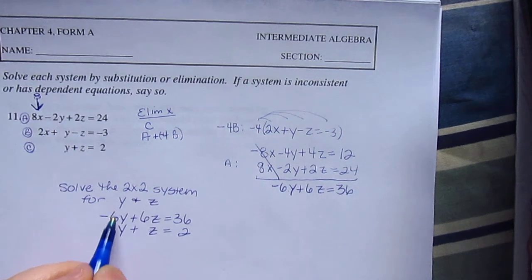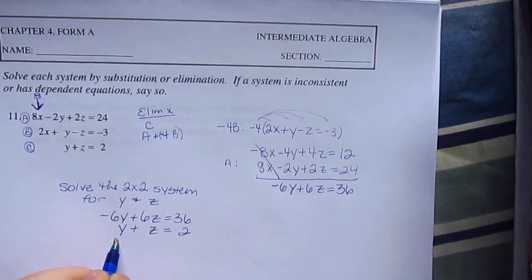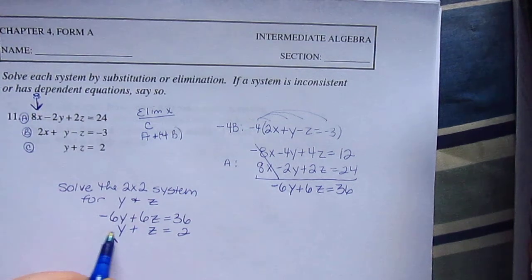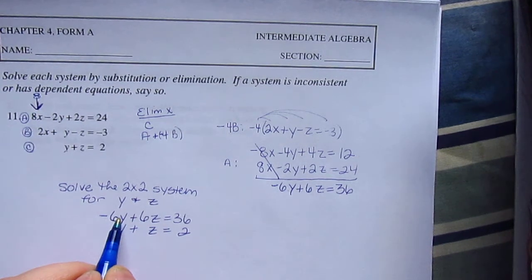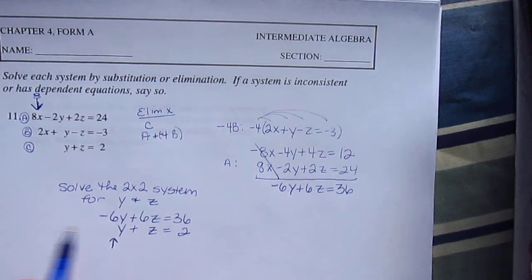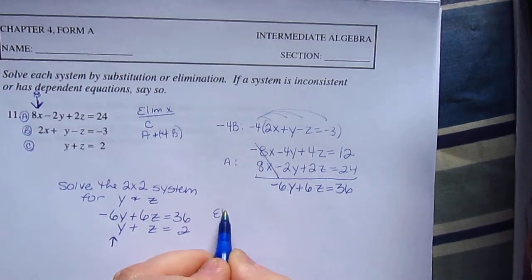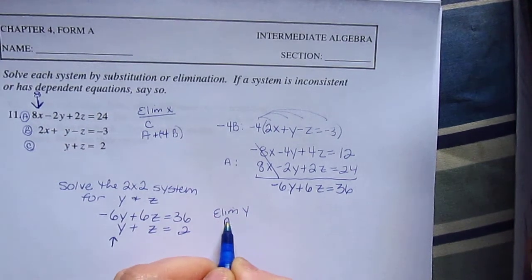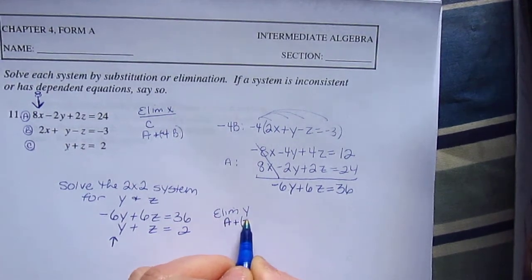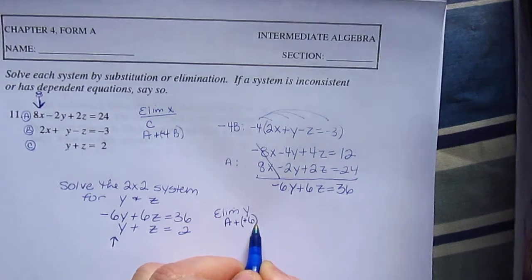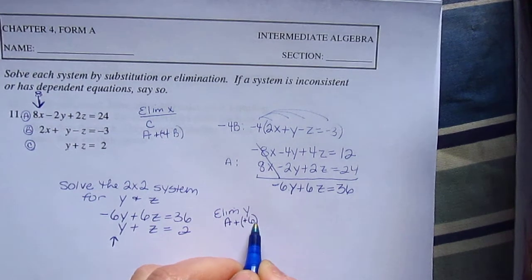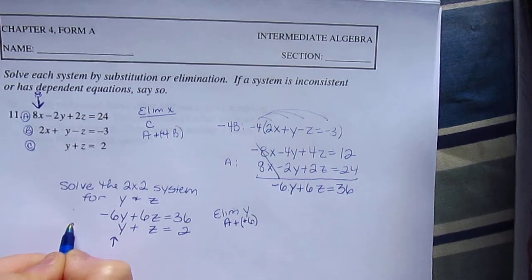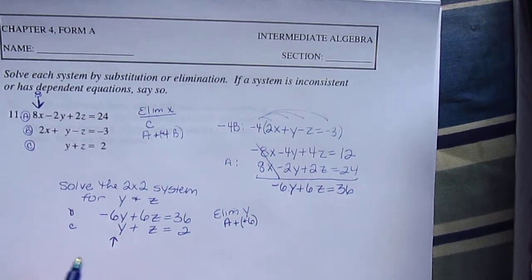I am going to pick y's because one is positive, one is negative, and I just need to multiply the second equation by +6. What equation was this? This was equation C. I'm going to call that one equation D.